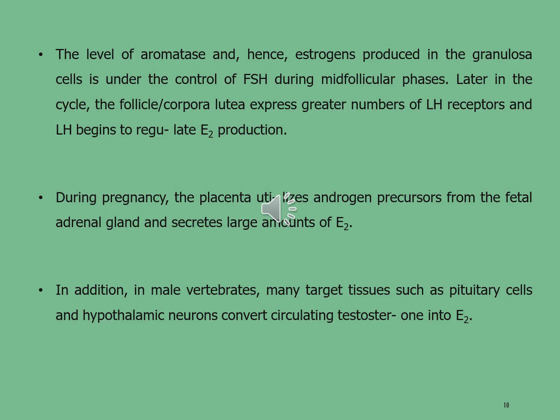During pregnancy, the placenta utilizes androgen precursors from the fetal adrenal glands and secretes large amounts of E2. In addition, in male vertebrates, many target tissues such as pituitary cells and hypothalamic neurons convert circulating testosterone into E2 steroids.